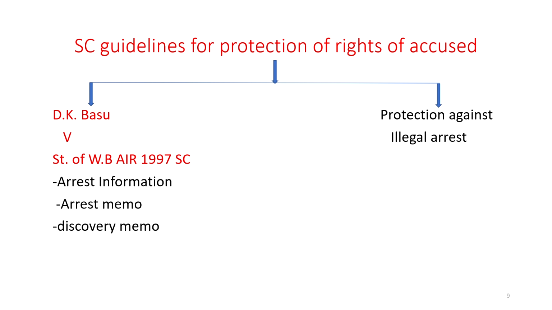So, with the help of these two important case laws, we will try to understand how the D.K. Basu case has been effective in the protection of rights of the accused. In D.K. Basu case, the Supreme Court for the first time in 97 issued various guidelines for the protection of the rights of the accused.